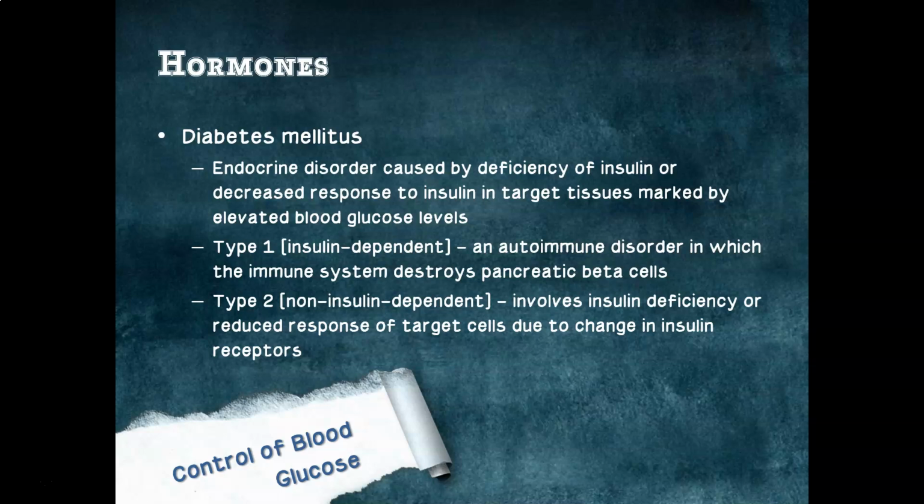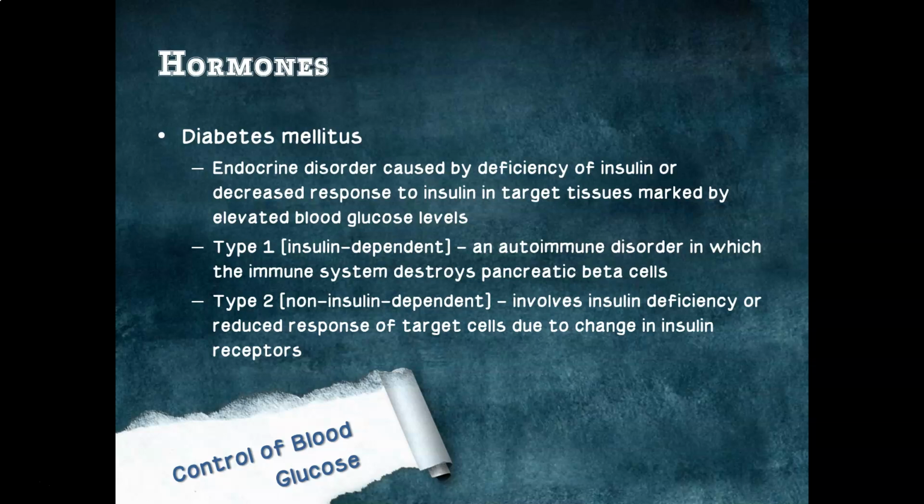This is an autoimmune disorder that specifically ends up destroying your pancreas's beta cells. Remember, your beta cells' job is to produce that insulin. So I've prevented my body from being able to produce the insulin, so I can't regulate those high levels of sugar.